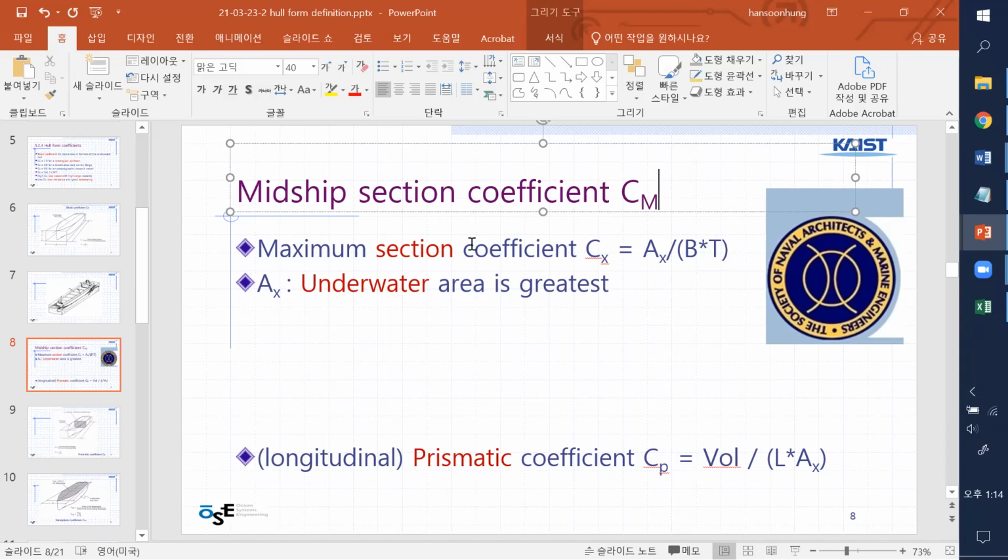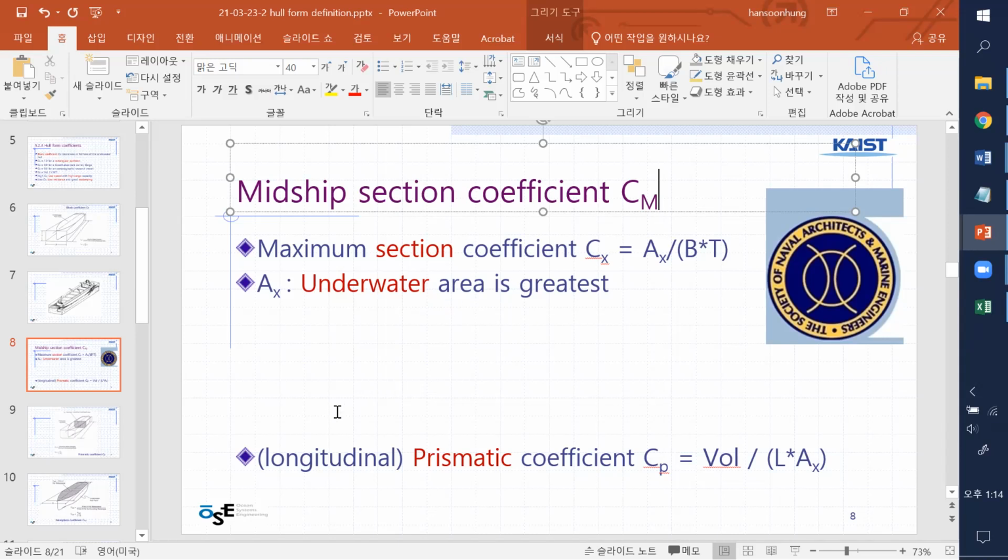Probably around the hip, or probably around the chest, or for some people with a fat belly, then it can be near the center. Depending on the situation, the maximum section coefficient, the location and number can be different. But anyway, midsection is at the center, and AX is where the underwater area is greatest.